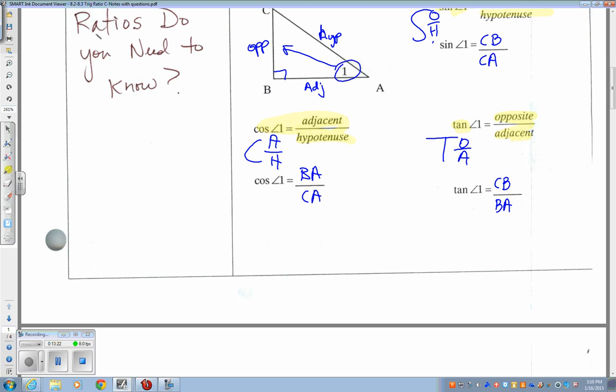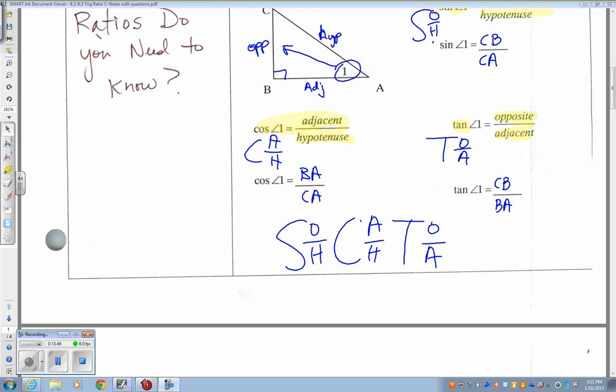Now, SOH CAH TOA lets you remember what part goes where for your trig ratios. All right, on the next page are the steps that you will need to follow.